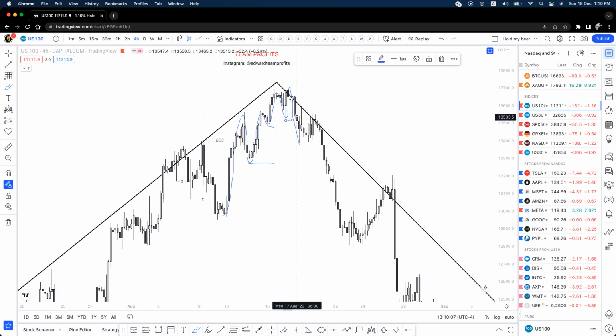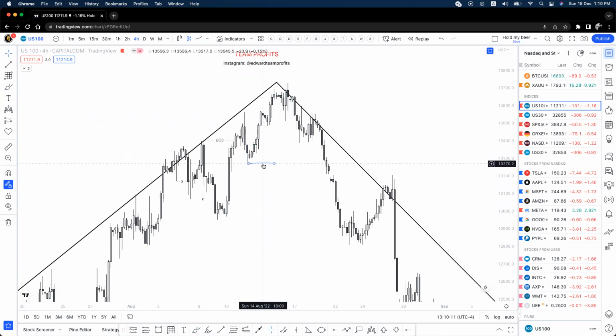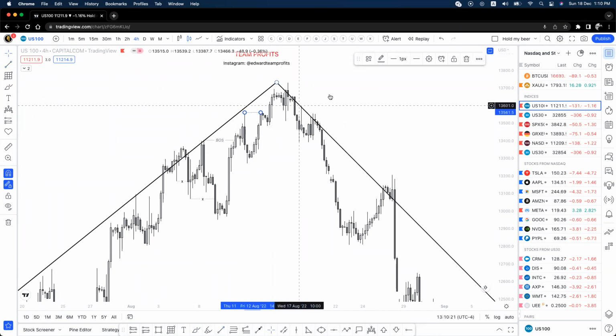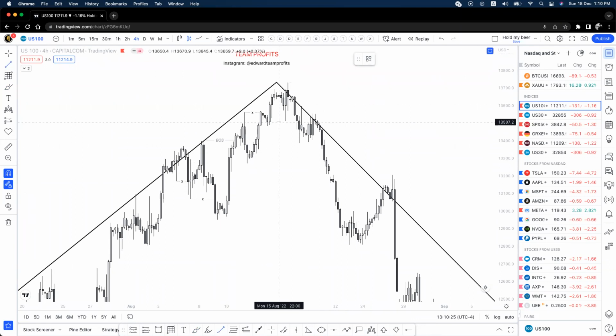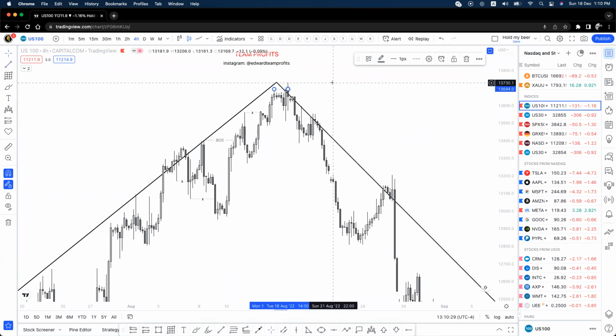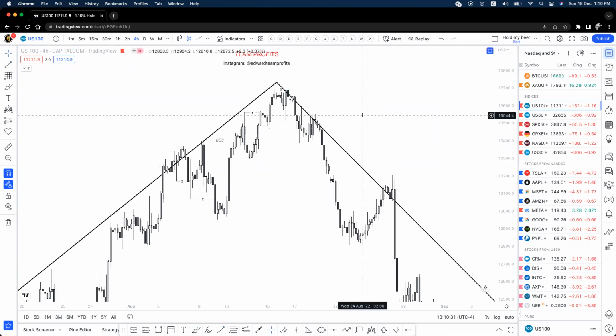So this means, where is my confirmed? Let me mark it up. Right here, this is not a BOS. This is inducement. Right here, of course, not a BOS. It's an inducement.